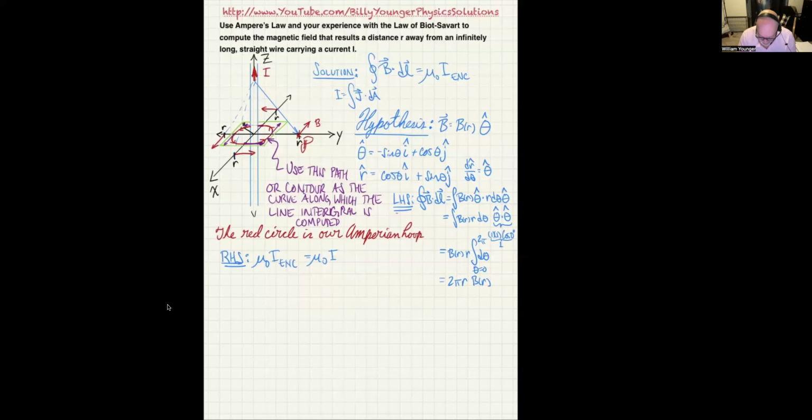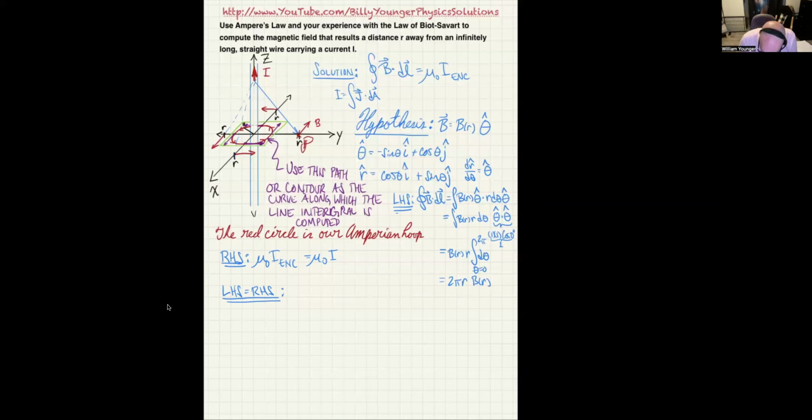Okay, now all we have to do is set the left-hand side equal to the right-hand side and then solve for B. And then we'll express it back in terms of our hypothesis, where B, the vector, is equal to the magnitude, which we call B of r, times theta hat.